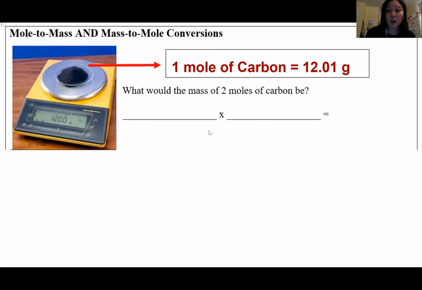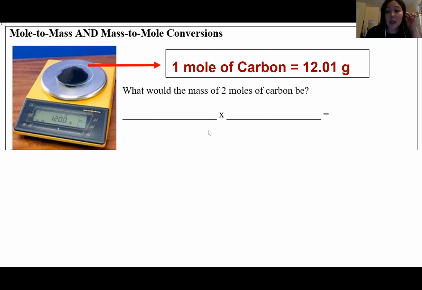Okay, when you look at the periodic table, 1 mole of carbon is 12.01 grams. And if I ask you, what would the mass of 2 moles of carbon be? You would say, Miss Park, just multiply 12.01 grams by 2 because you have 2 moles of carbon.